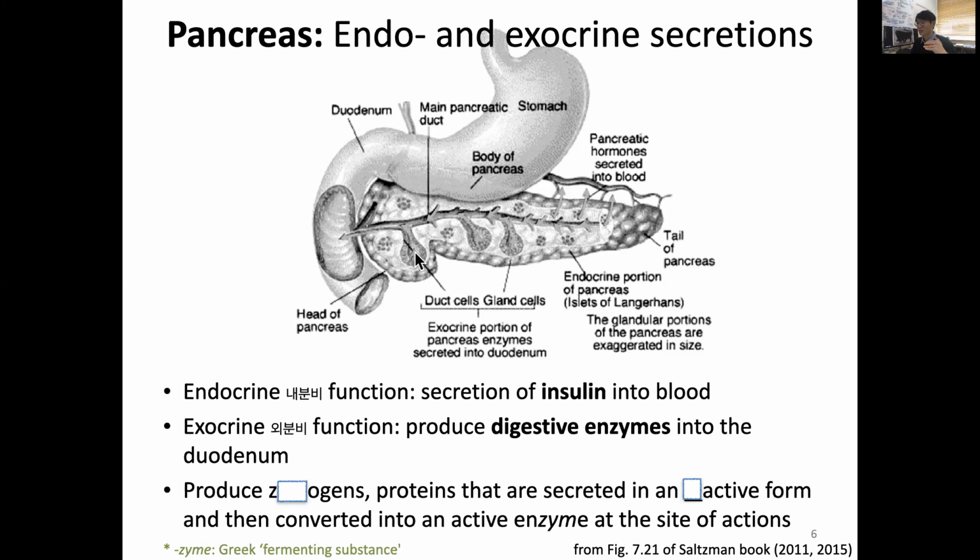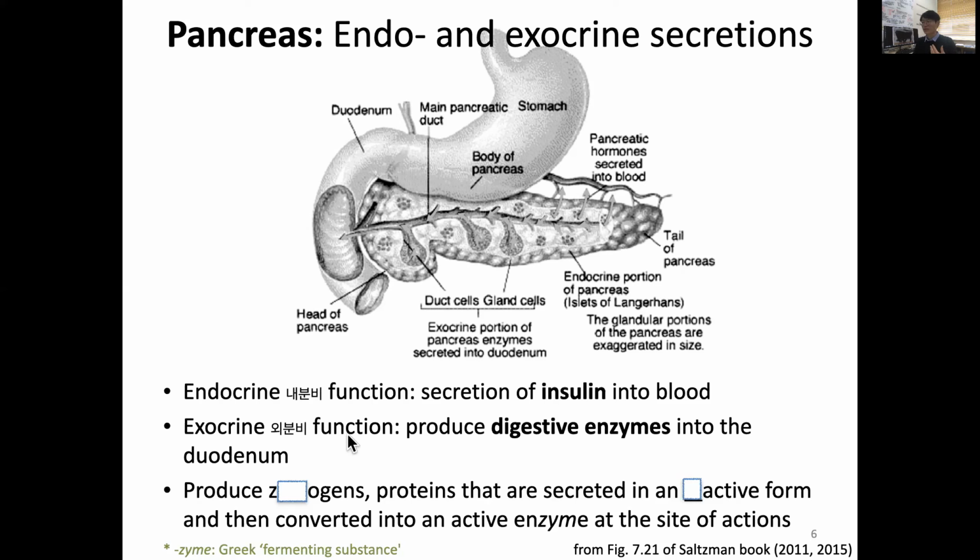And there are duct cells, and here are gland cells, which secrete the exocrine portion of pancreatic enzyme, which is a digestive enzyme. And at the same time, you can see there's another portion of the pancreas, which is the endocrine portion, which secretes pancreatic hormones into the bloodstream. That is called the islets of Langerhans. And of the pancreas shape, this is called the head and this is called the tail.